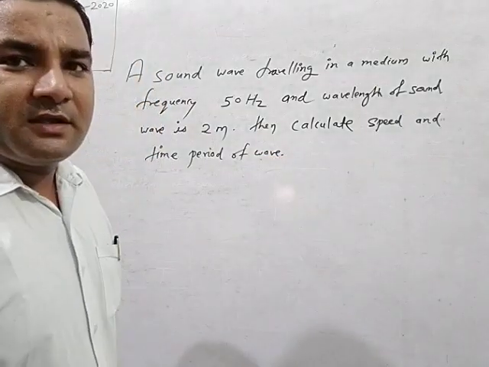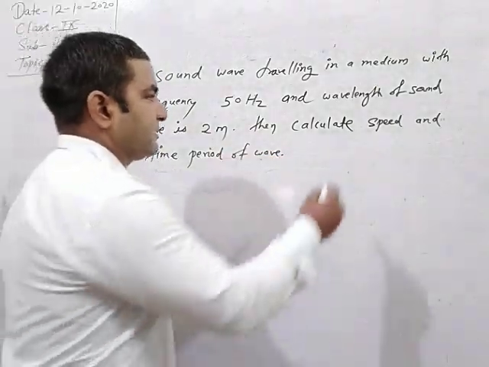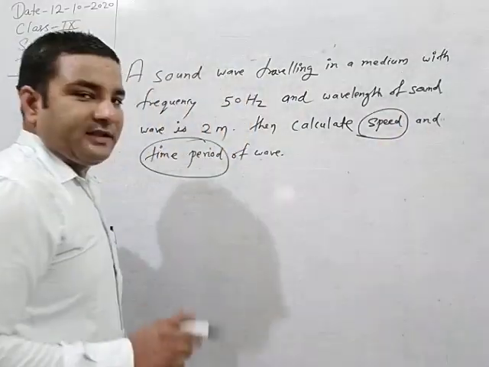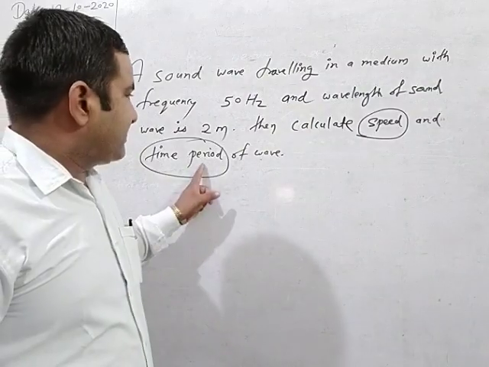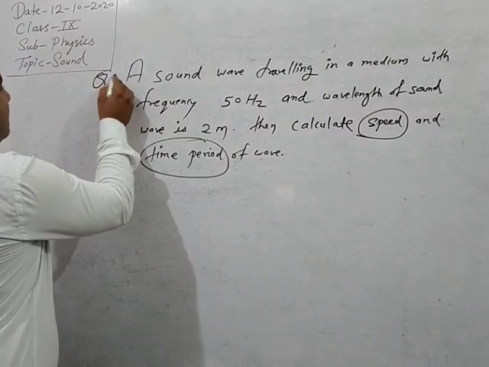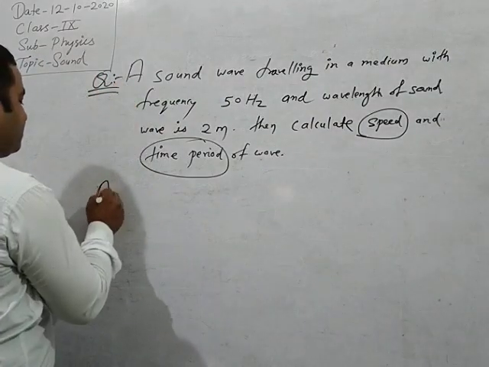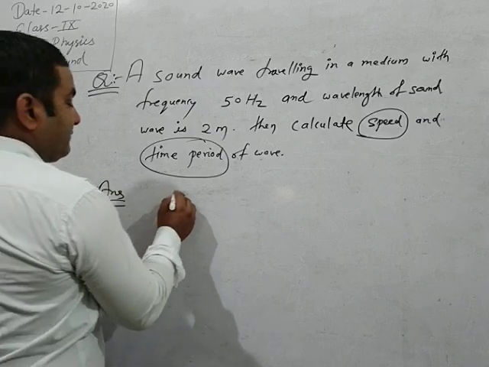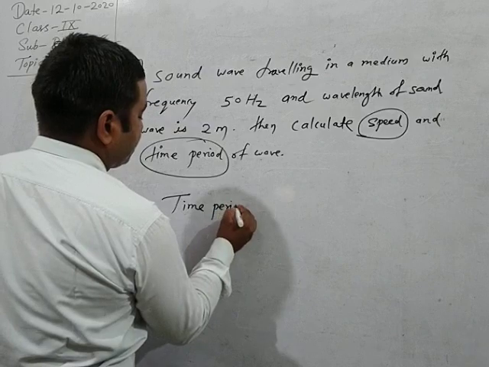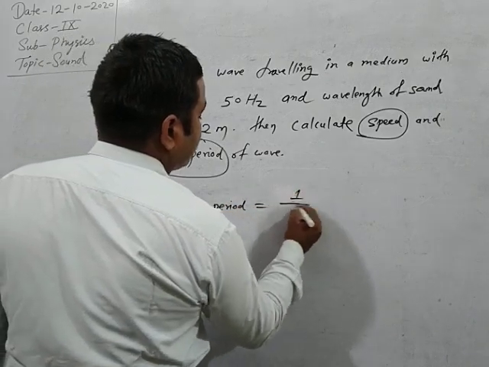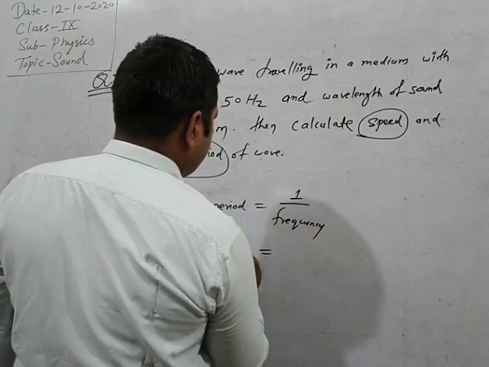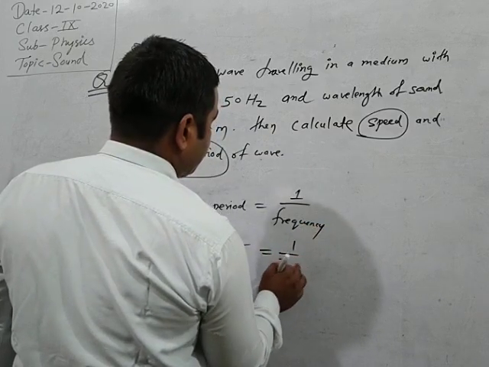Very simple concept. Here we have to calculate two terms. Number one, speed, and number two, time period. As I explained earlier, the time period is 1 upon frequency. So frequency is given, then time period T is equal to 1 upon frequency, so T is equal to 1 upon 50.